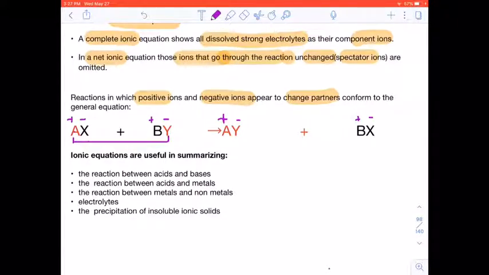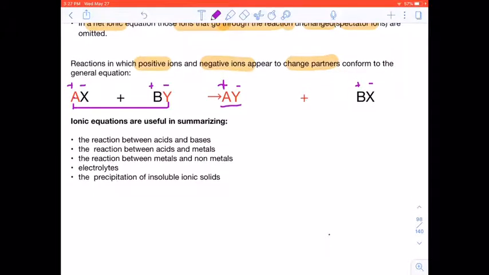A's partner was X and B's partner was Y. So A changes partner, and we see that it has a different anion attached to it. So this type of reaction in which ions exchange are normally called ion exchange reactions.